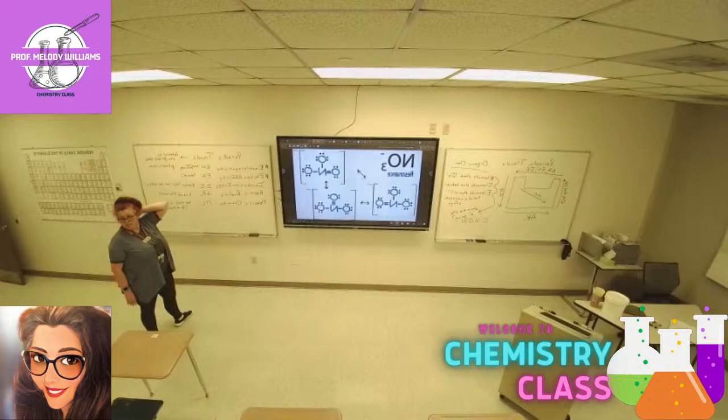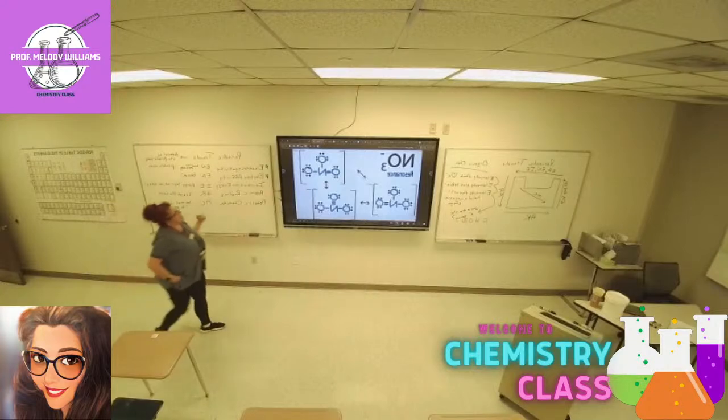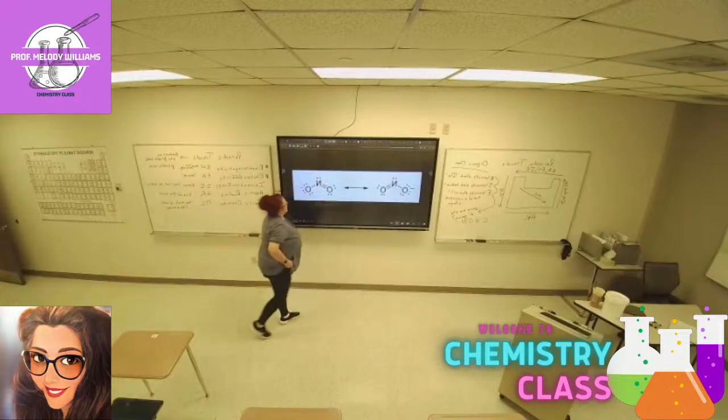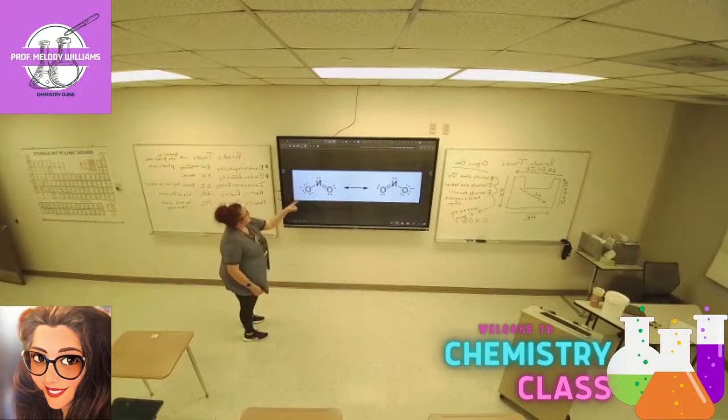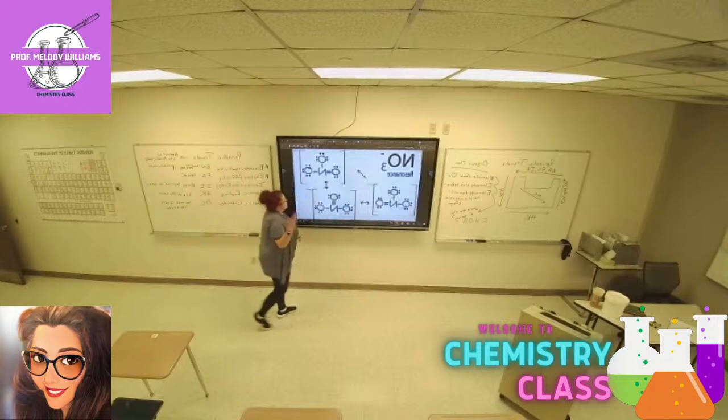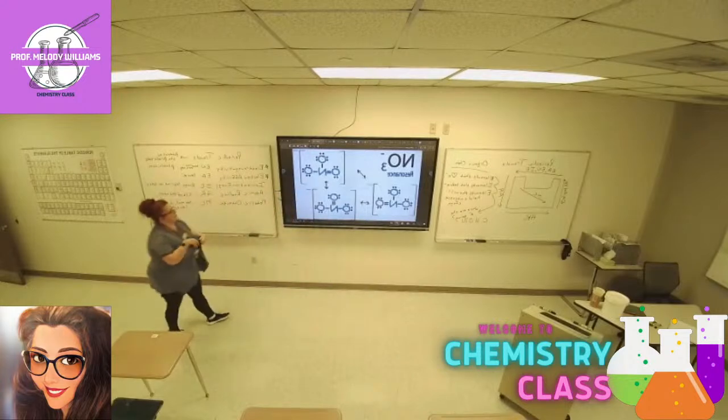What's the first thing that jumps out at you? There's 3 oxygens. This one had 2, right? We also have 2 resonance structures. This one has how many? 3.